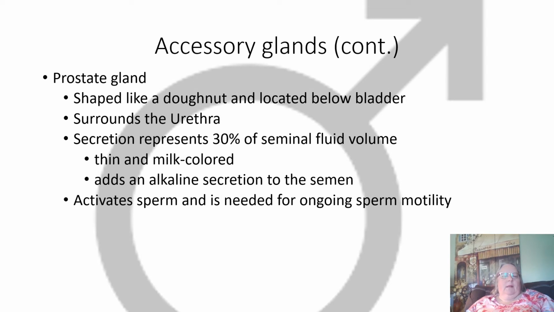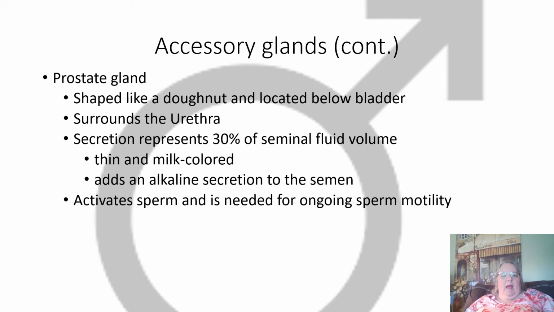Another accessory organ is the prostate gland. It's shaped like a donut, and it's located below the bladder. It surrounds the urethra, and it secretes about 30% of the seminal fluid volume. It's what makes the semen thick and milky colored. It adds an alkaline secretion to the semen.